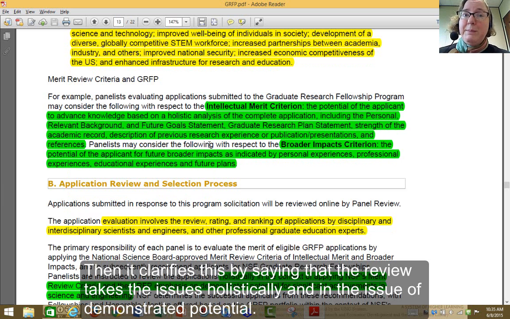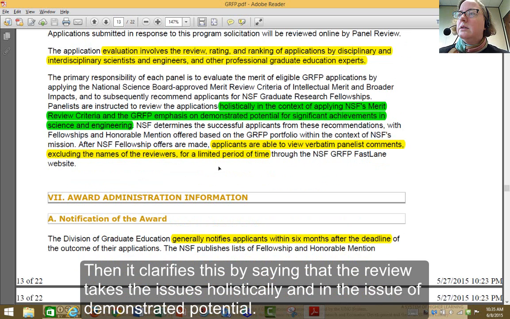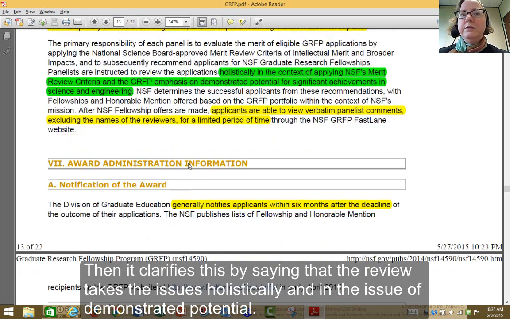Then it clarifies this by saying that the review takes the issues holistically and the issue of demonstrated potential.